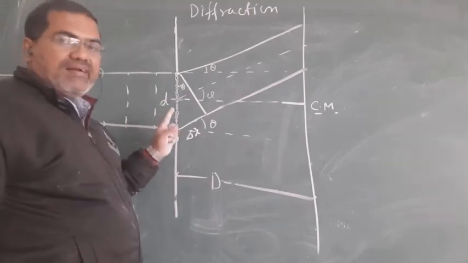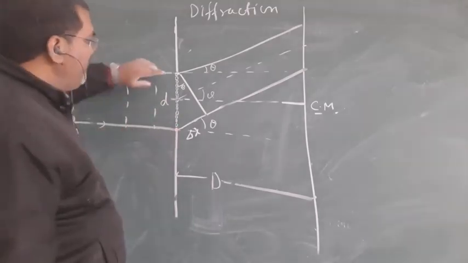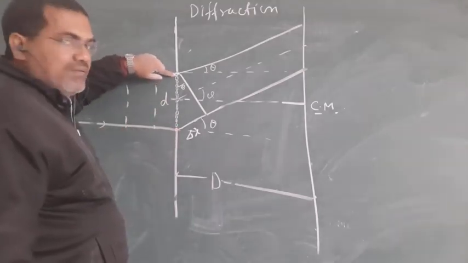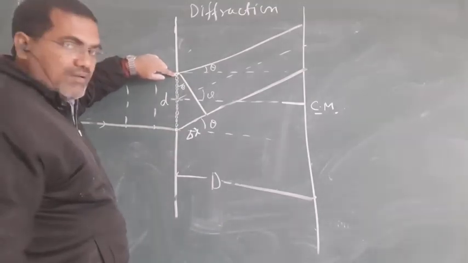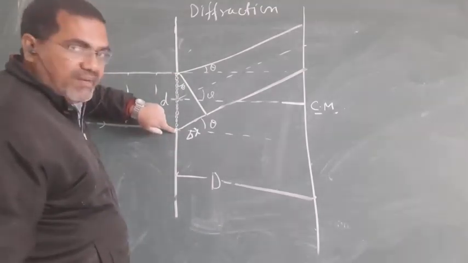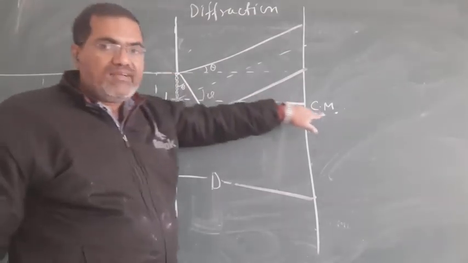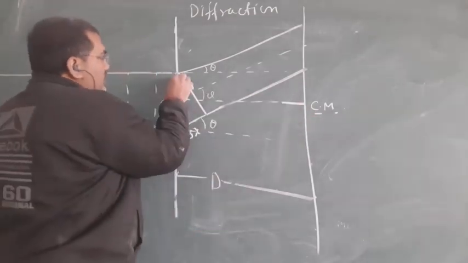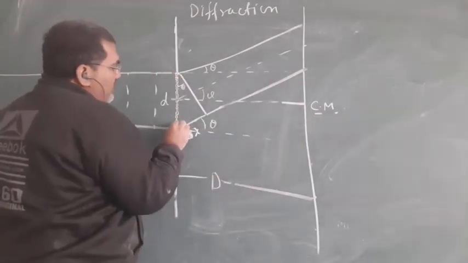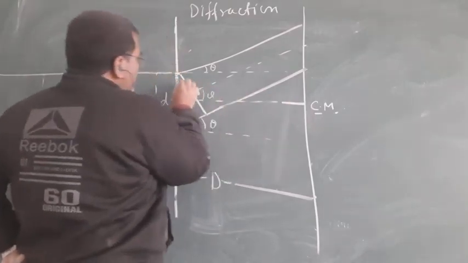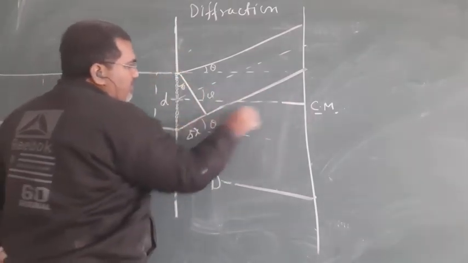having their corresponding particles. You can say the first particle, this one and this one. So the path difference at the center will be 0. Similarly, this particle and this particle will meet in the same phase.